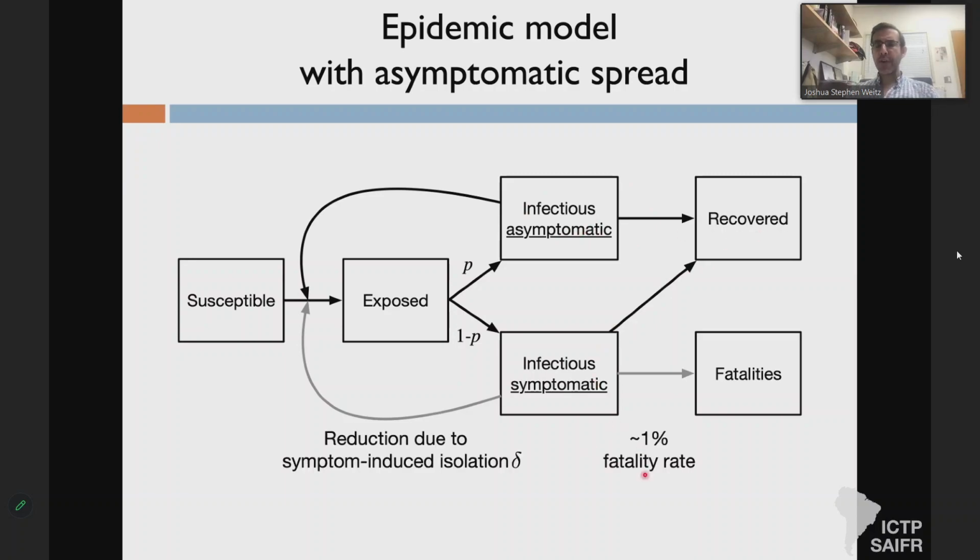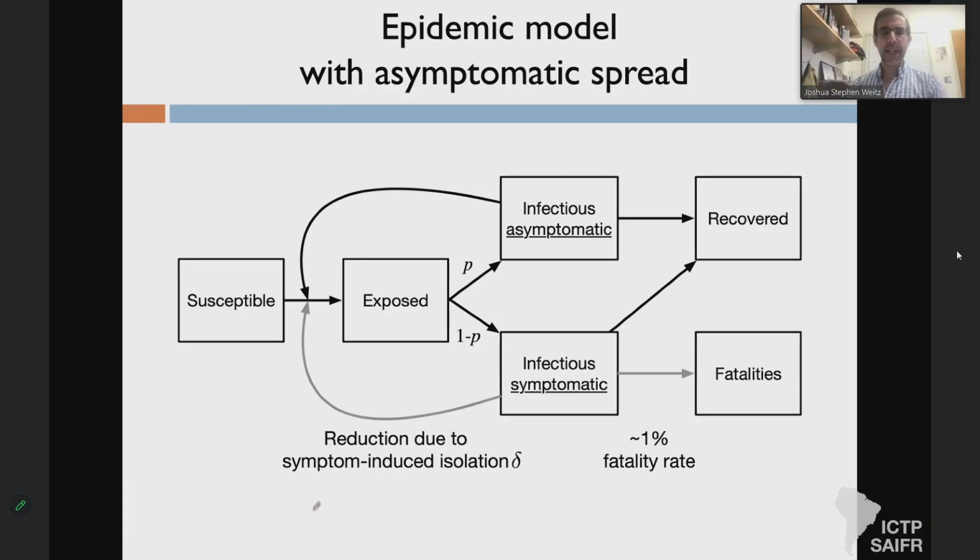And the only other twist will be that there will be a reduction due to symptoms-induced isolation of delta. Here I'm just talking about the reduction in the interactions by a certain factor. Okay? So you can already imagine what might happen here.